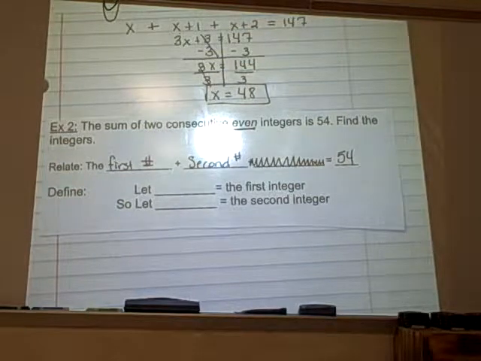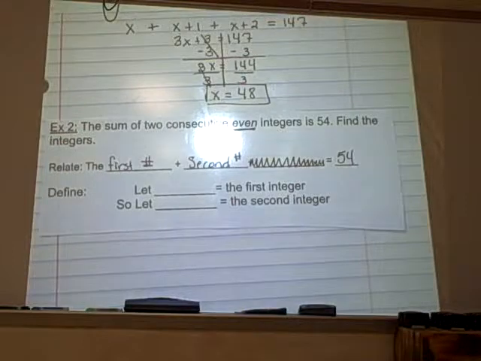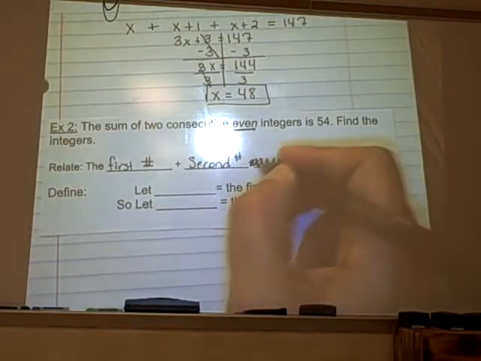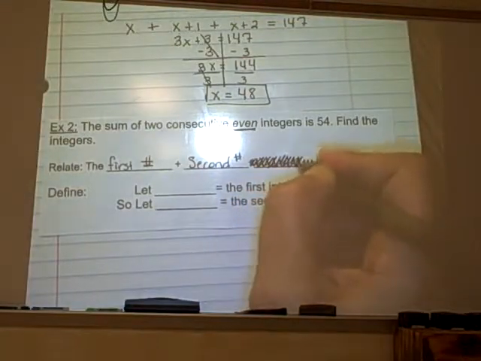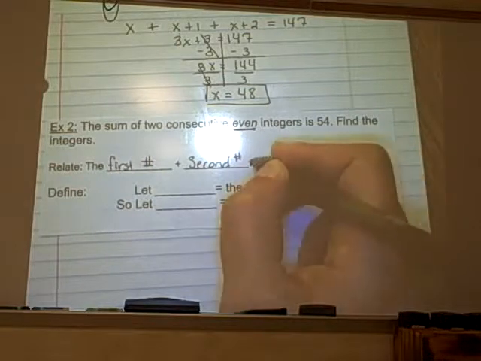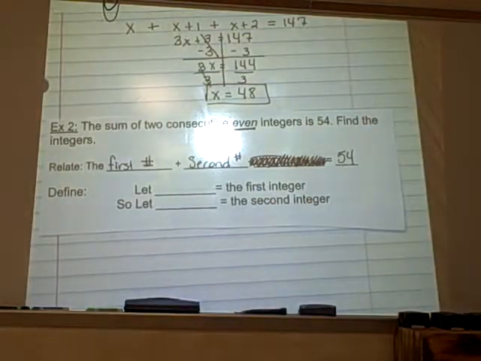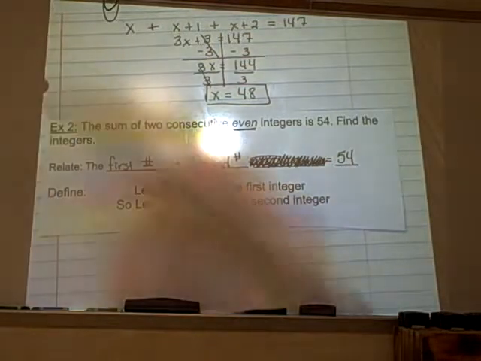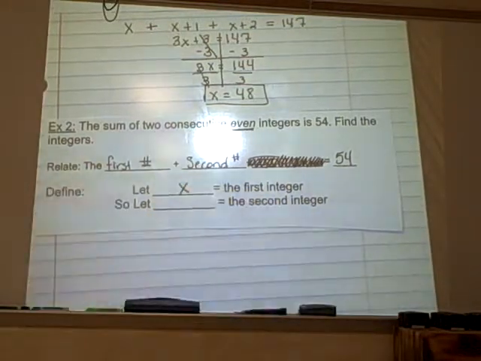Somebody copied and pasted and didn't get rid of that extra blank. Okay, so the first number plus the second number, and get rid of this extra blank right here. Or you can get rid of the first blank, whatever. Should equal 54. So we're always going to let x equal the first one, or n, or whatever variable you like.